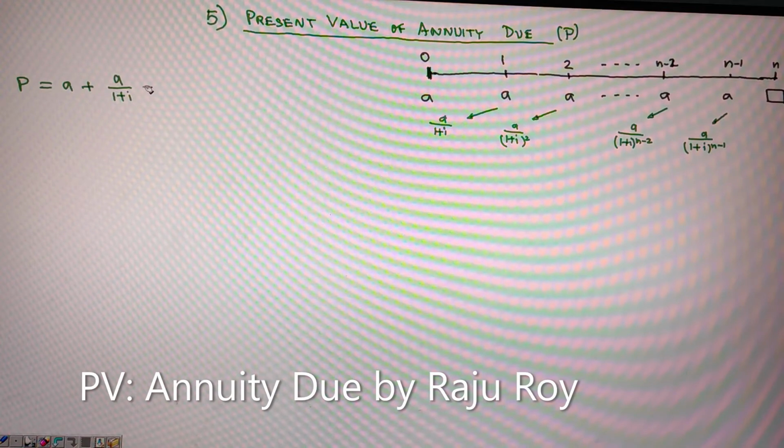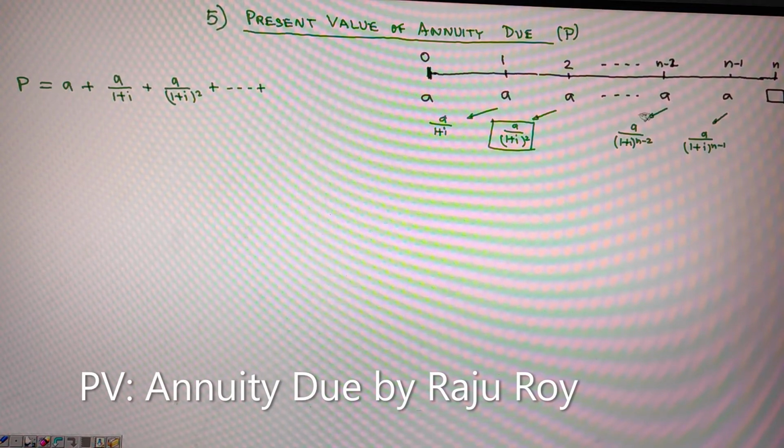At the beginning of the third year you want to get A. So how much do you have to invest? You have to invest A by (1 plus i) raised to the power 2, and so on, it will go like that.